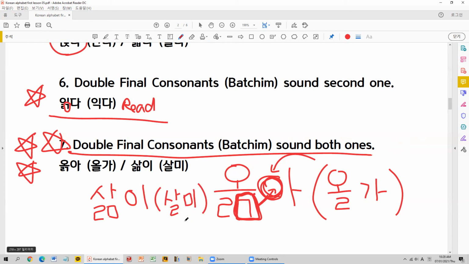So you have to pronounce like this. Okay, 삶이. This is very important because you can see a lot of words followed by a circle. So you have to remember this. If you have a circle, you have to bring up the second final consonant. Bring it up here. So Olga, 삶이.